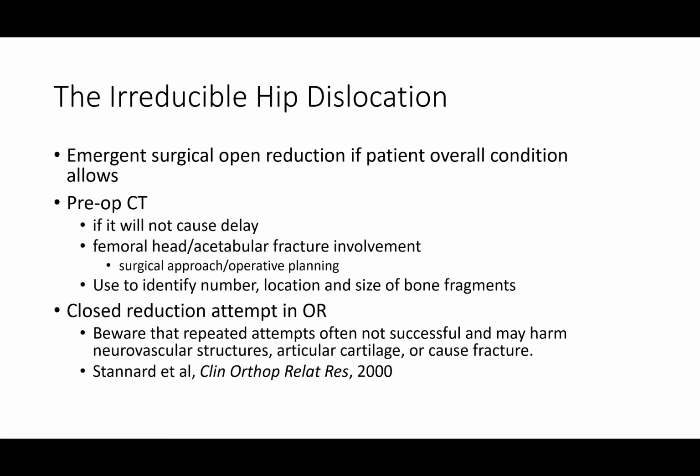Sometimes you will have a femoral head that may be impacted against the posterior wall, similar to maybe a posterior dislocation in the shoulder, with that reverse Hill-Sachs. And what can happen is if you try repeatedly under conscious sedation, you could cause a femoral neck fracture. So this may potentially require a reduction under general anesthesia or open reduction.